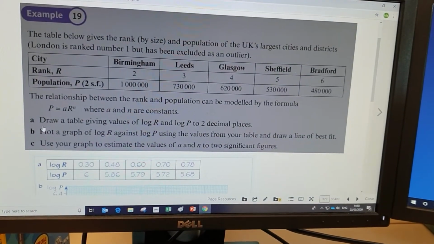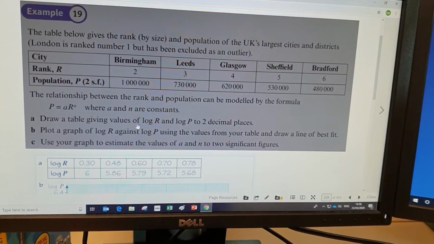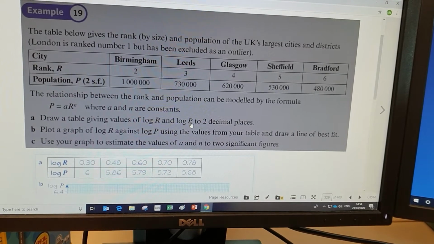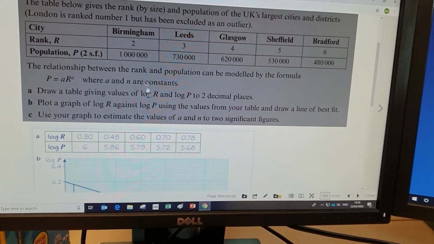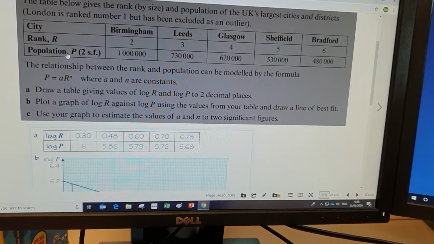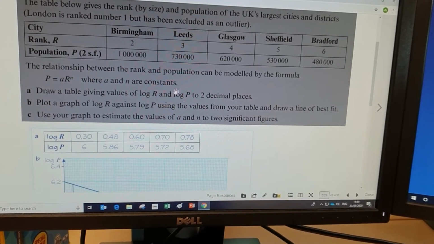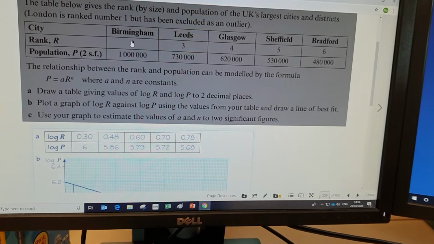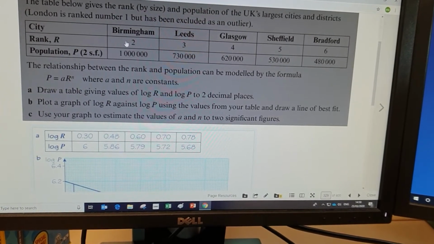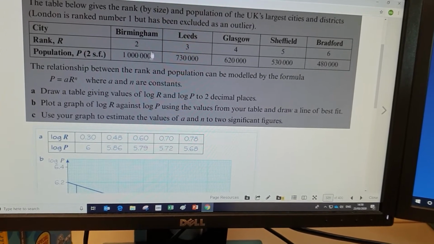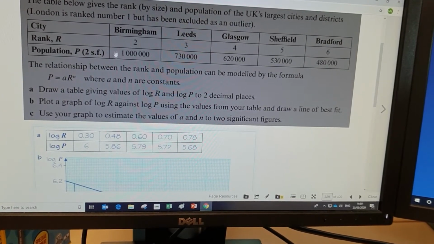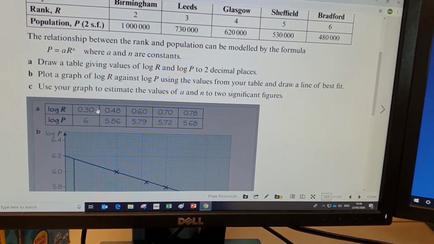The first thing that they want us to do is draw a table giving values of log R and log P. So we just take the values of R and we take the log of them, values of P and we take the log of them. And these two corresponding values, this is a coordinate at the moment, 2, a million. We will do log 2, log a million, and that will give us this.